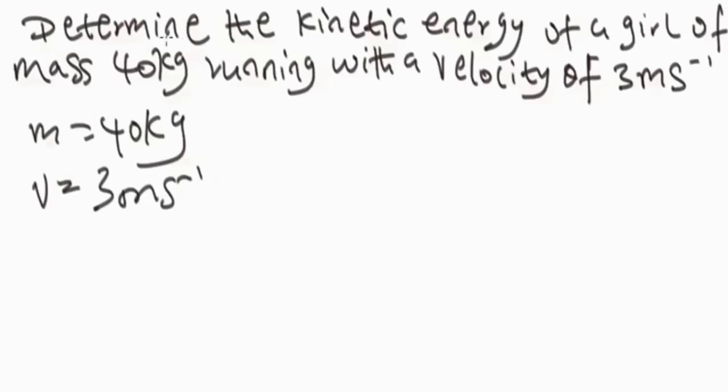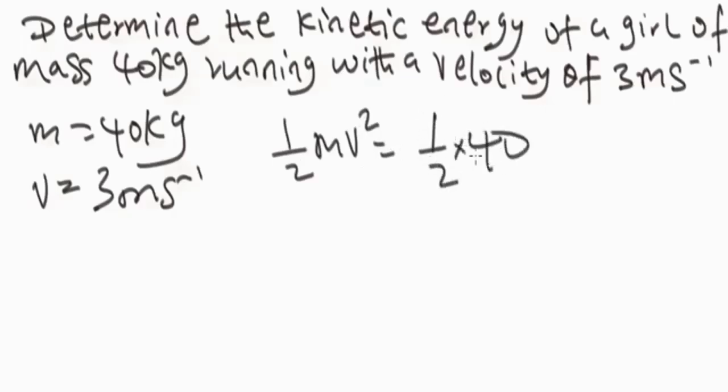Alright, then for kinetic energy, the formula is half mv square. So when you input the values, you're going to have half times mass, 40, times 3 square. So when you simplify, you have half times 40 times 3 square, which is 9.